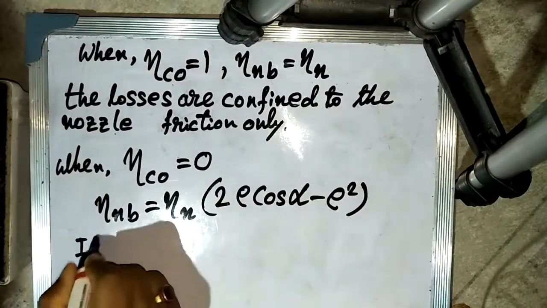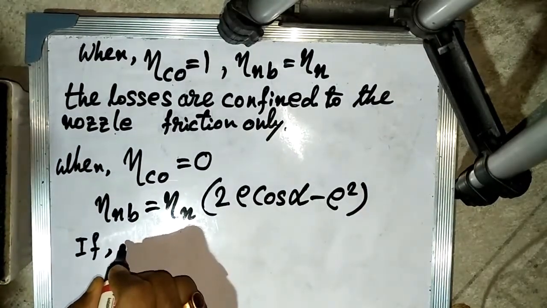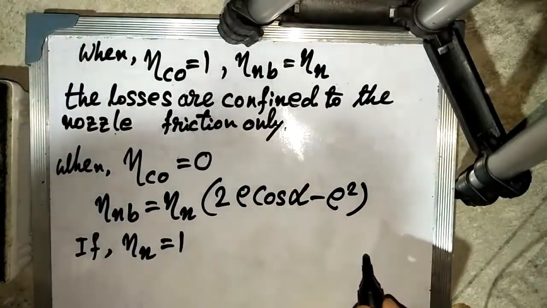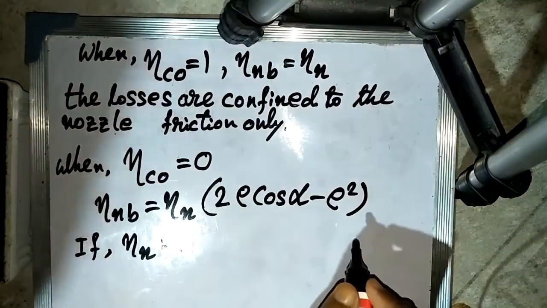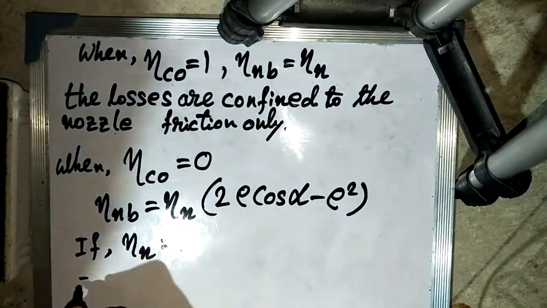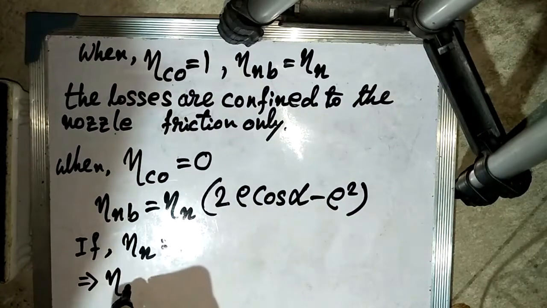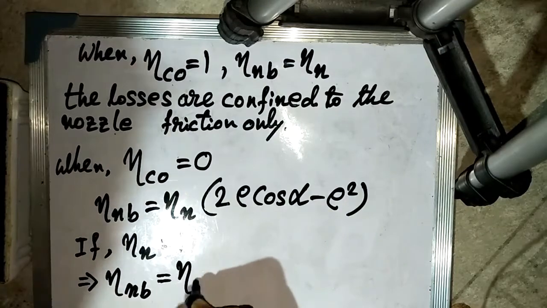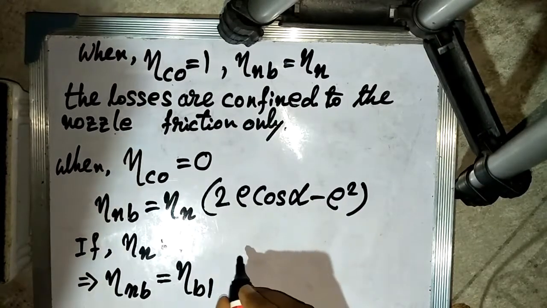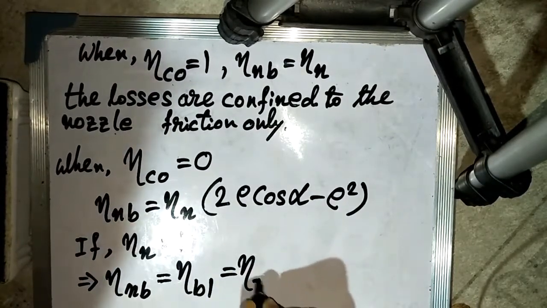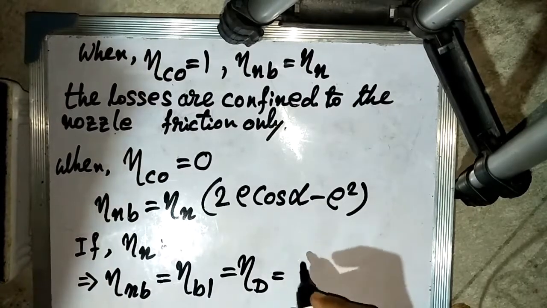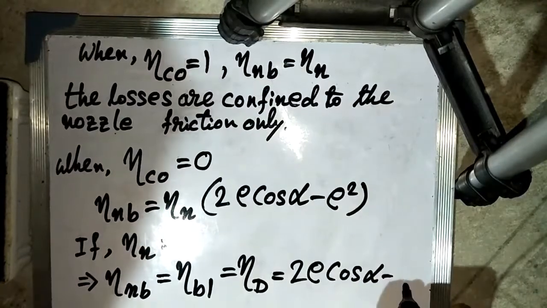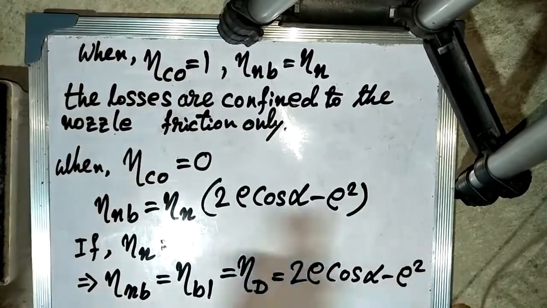Now if the value of eta n is 1, eta NB equals eta d, the diagram efficiency, which equals 2 rho cos alpha minus rho square.